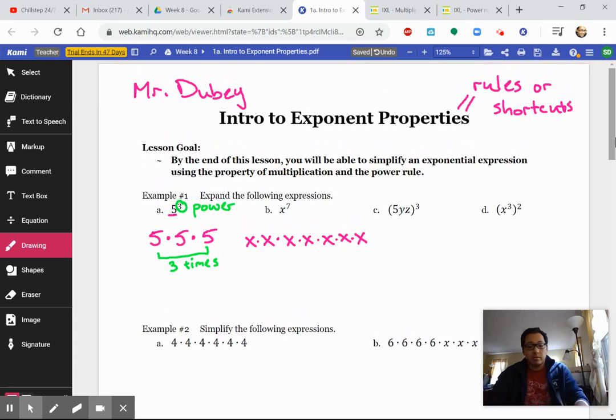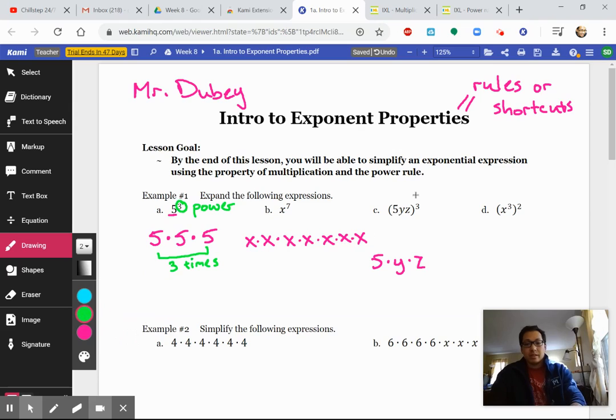What about 5yz cubed? We have to remember what 5yz means. That means 5 times y times z. We can break it up, because if there's nothing in between the numbers or variables, it always means multiplication. And we're raising all of that to the third power. What does that mean?